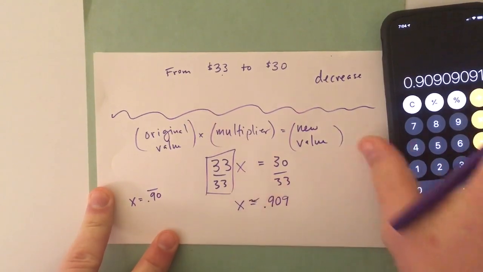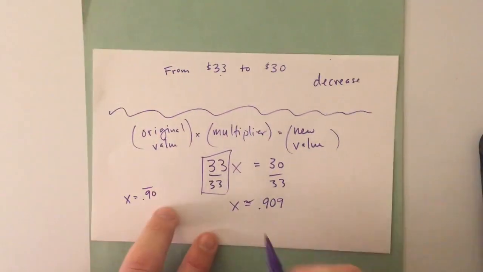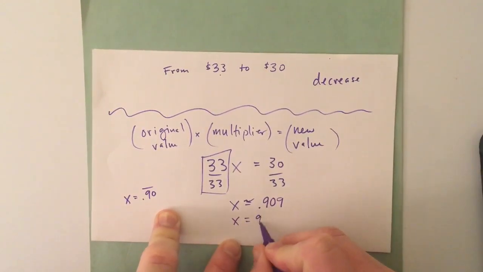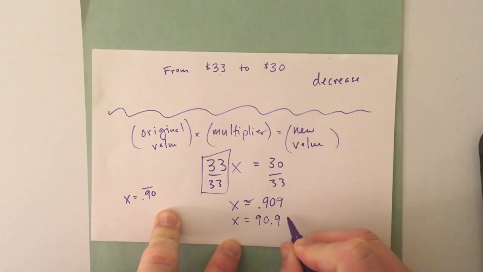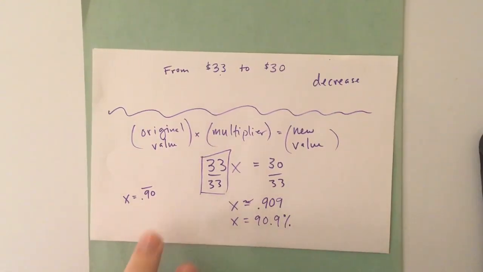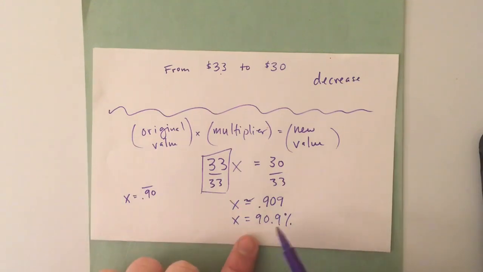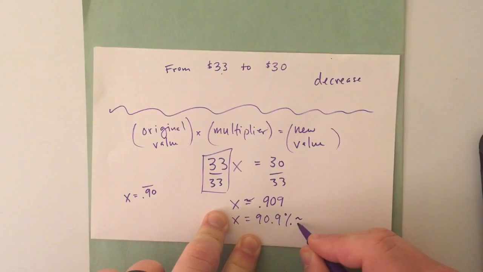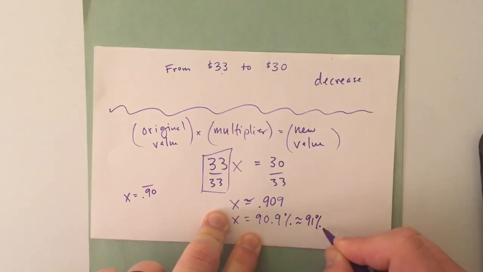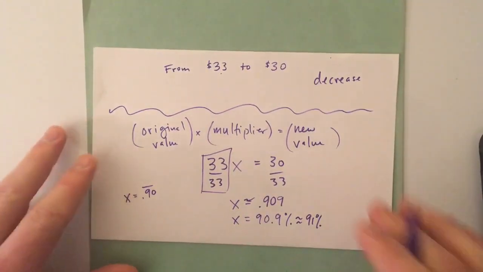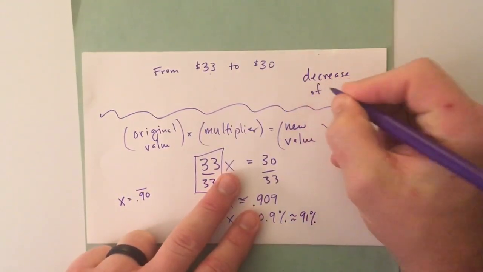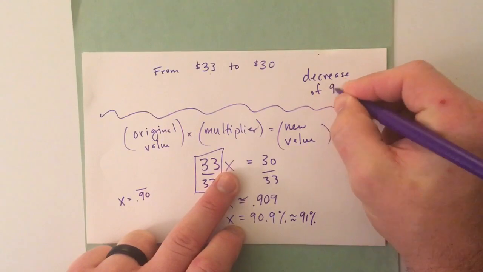So I'll say about 0.909, which as a percent is 90.9%. If this was a 10% decrease, then this would be 90%, right? But notice it's almost 91. I'm just going to say that this is about 91%. Okay? Which means this change is a decrease of about 9%.